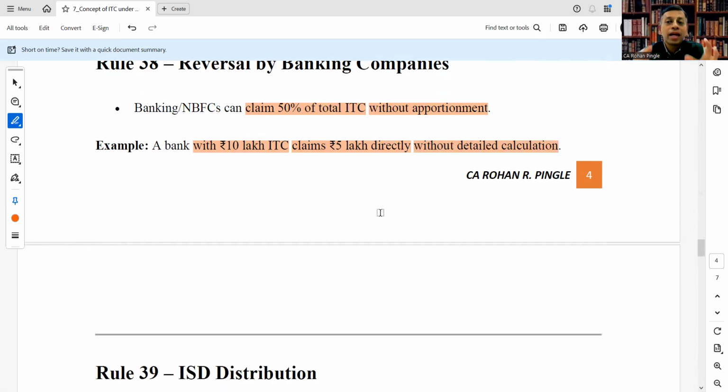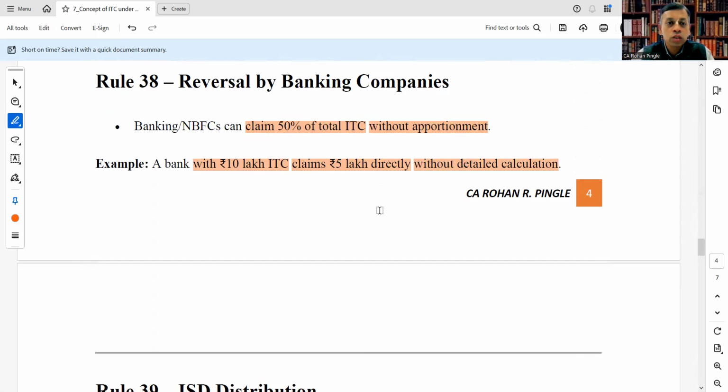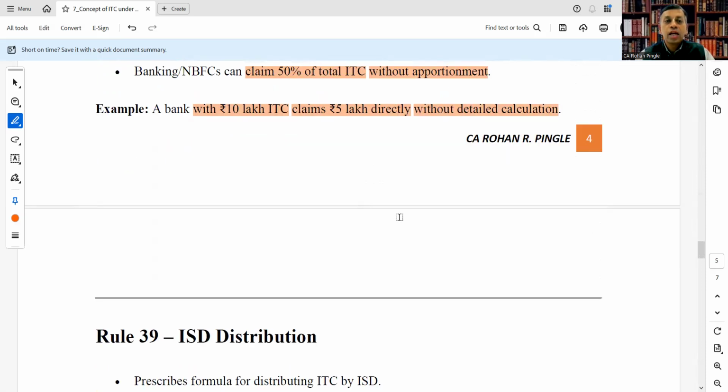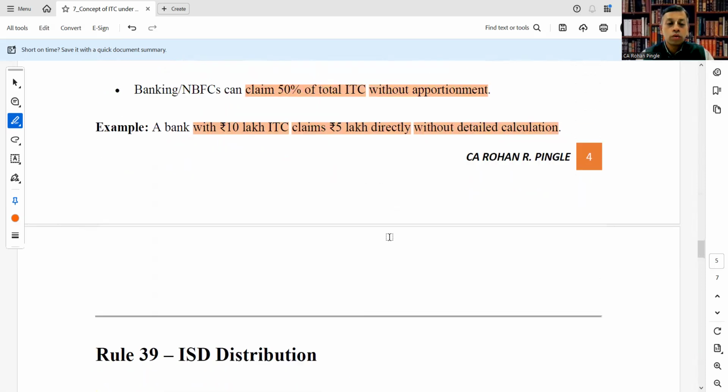It is a very simple mechanism given to the banking industry. The balance will need to be reversed. That is what Rule 38 talks about.